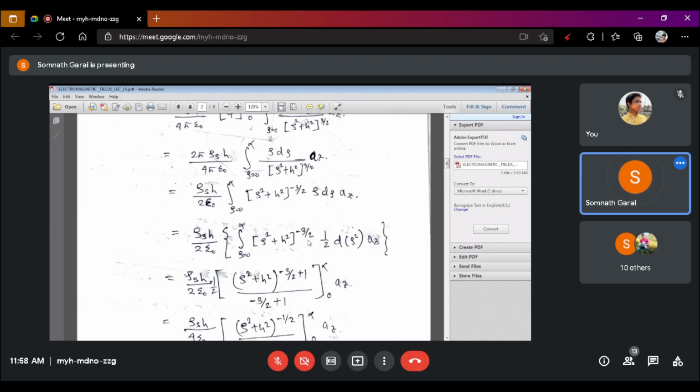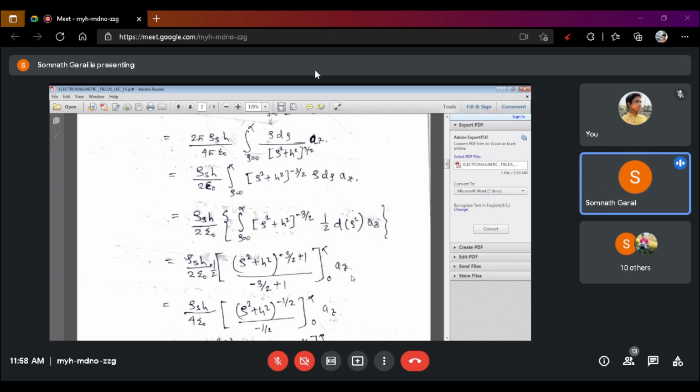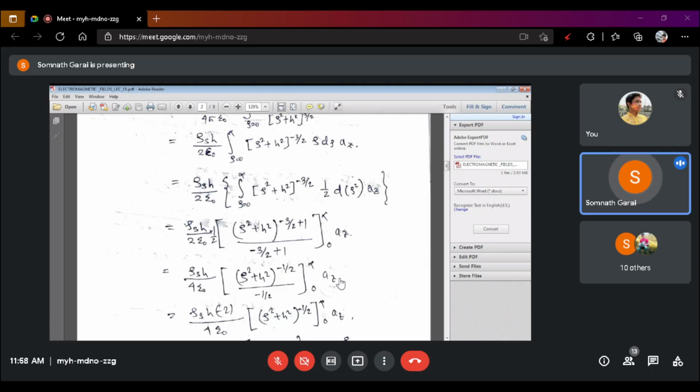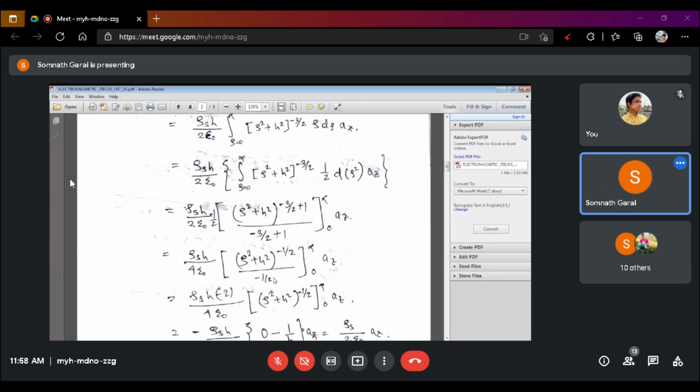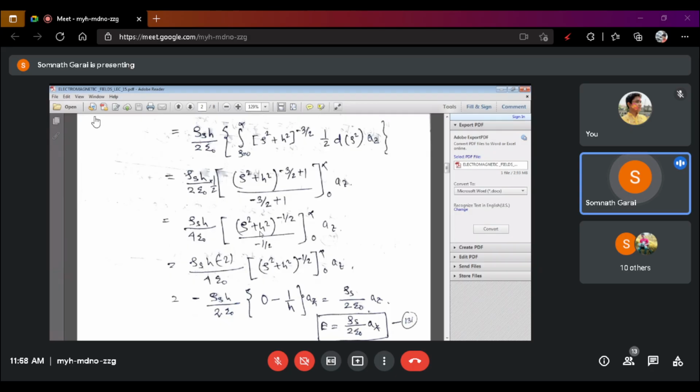So (rho square plus h square) to the power minus 3 by 2 plus 1, divided by minus 3 by 2 plus 1, with limits 0 to infinity, into a z. So rho s by 4 pi epsilon naught. Now we put the value of (rho square plus h square) to the power half with upper limit infinity, lower limit 0, right?